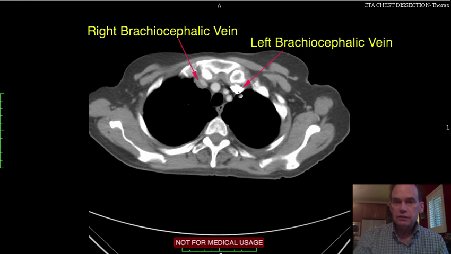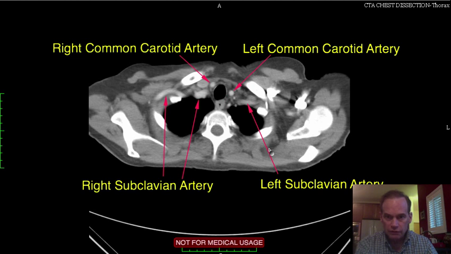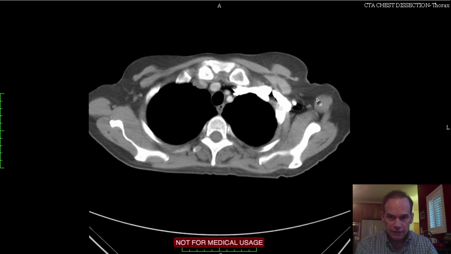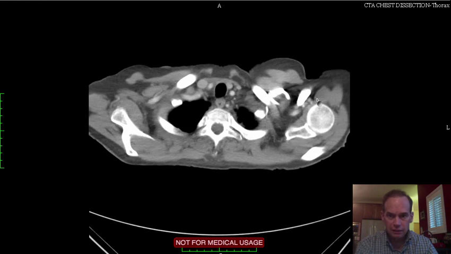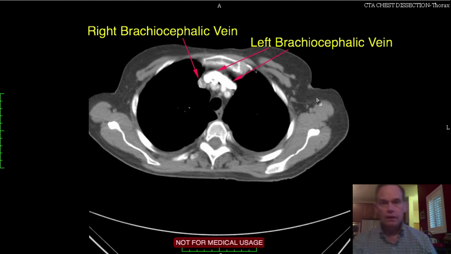That would make this the brachiocephalic artery, the left common carotid artery, and the left subclavian artery. If that's the subclavian artery, it has to get to the arm somewhere, and sure enough it does. The left subclavian artery goes toward the left axilla, where it continues as the left axillary artery, and then into the left upper extremity.